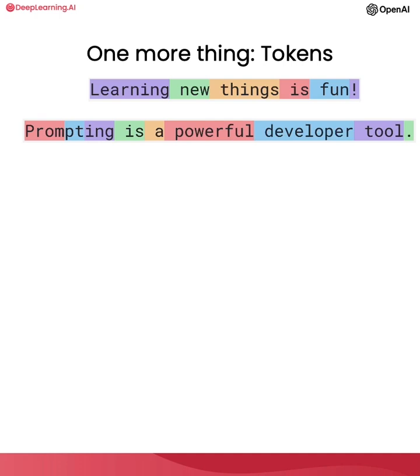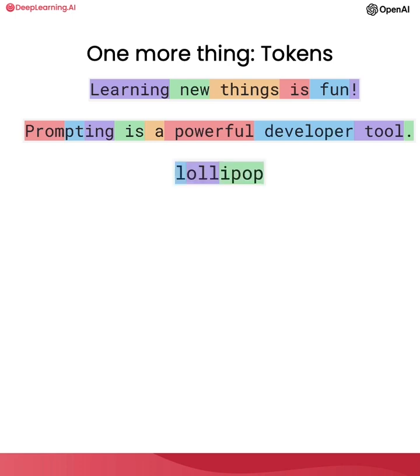But if you were to give it input with some somewhat less frequently used words, like "prompting is a powerful developer tool," the word prompting is still not that common in the English language, but certainly gaining in popularity. And so prompting is actually broken down into 3 tokens, prompt, pt, and ing, because those 3 are commonly occurring sequences of letters.